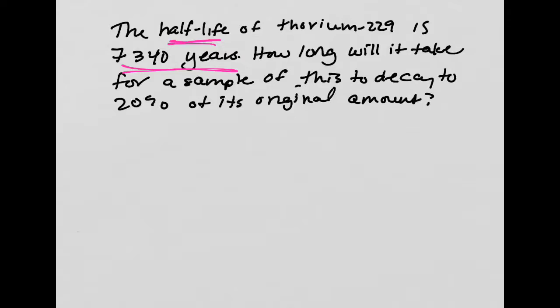And then again, it's asking us how long will it take for a sample of this to decay to 20% of its original amount. Okay, so this is an example of a problem that is in two steps, right? The first step is we have to use the info about the half-life to find the rate.